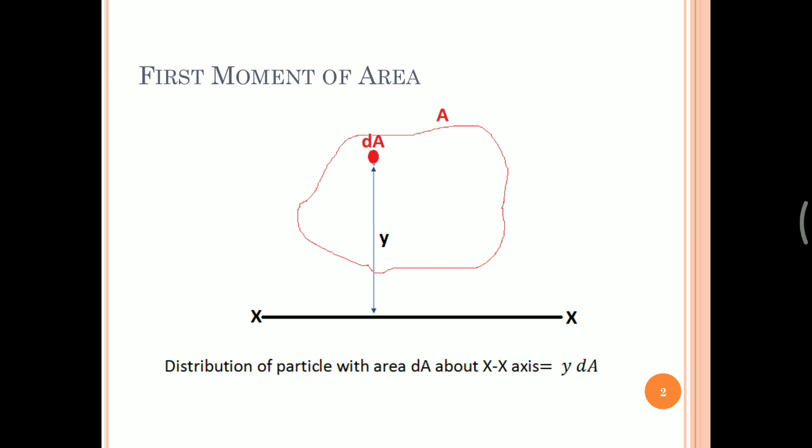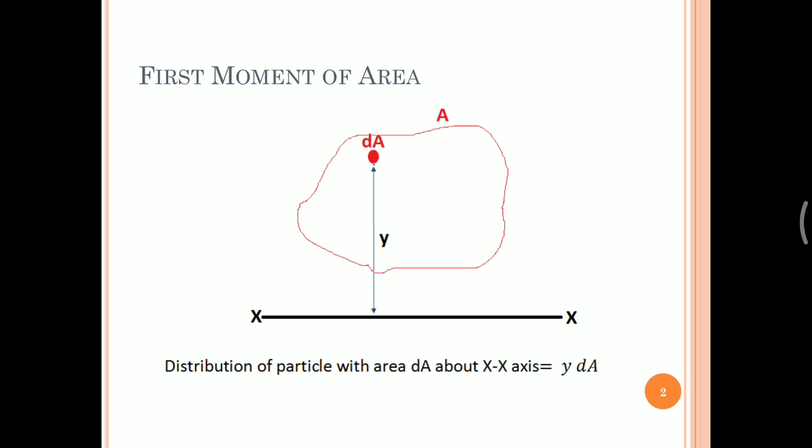So let's consider an irregularly shaped body as shown in the figure, and this body has an area capital A. Consider an axis XX below the body, and here we are considering a small area within our irregularly shaped two-dimensional body, and this small area is at a distance of y from the x-axis.